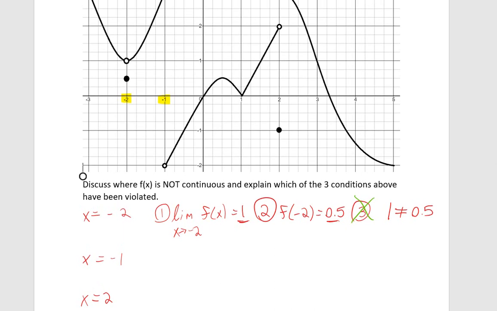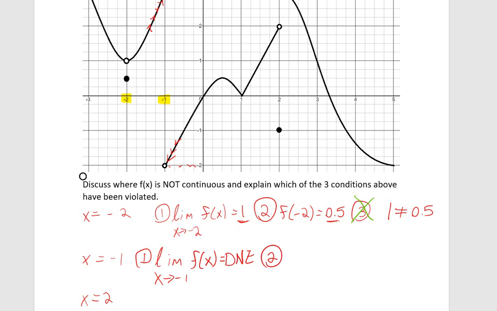All right, now if we look at -1, what we can see is that the limit as x approaches -1 of our function is not defined, so the limit does not exist. Remember, for a limit to exist, as we approach from the left-hand side, I should approach the same y value as if I approach from the right-hand side. Since those are not the same, the limit does not exist.